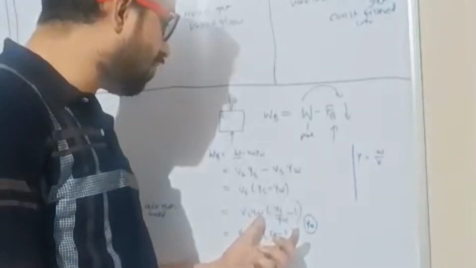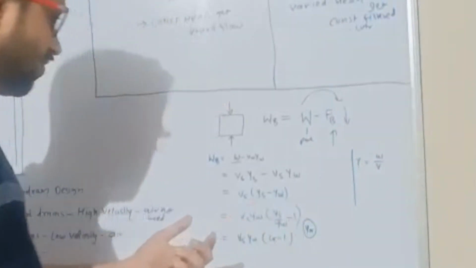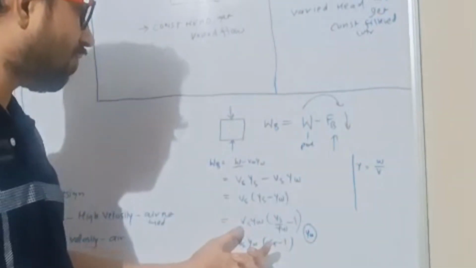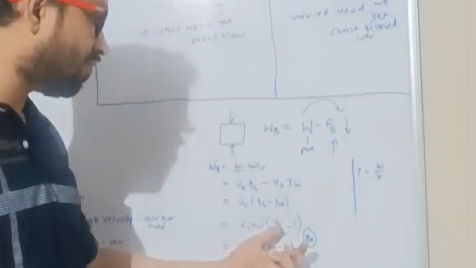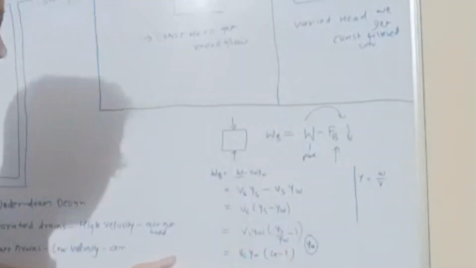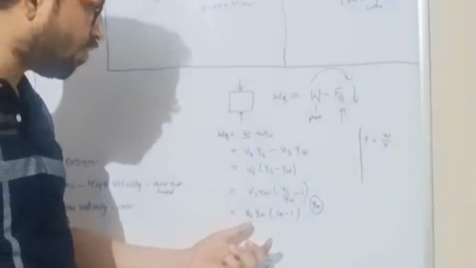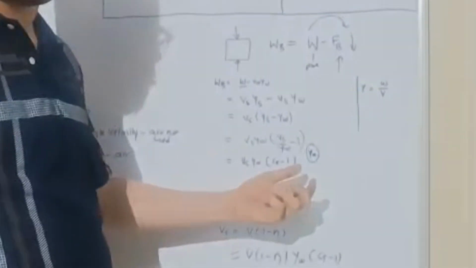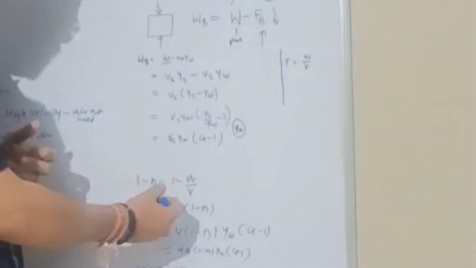If we divide and multiply by unit weight of water, we get volume of solid times unit weight of water times (unit weight of solid upon unit weight of water minus 1). So buoyant weight is equal to volume of solid times unit weight of water times (G minus 1). This is important and asked in any exam.